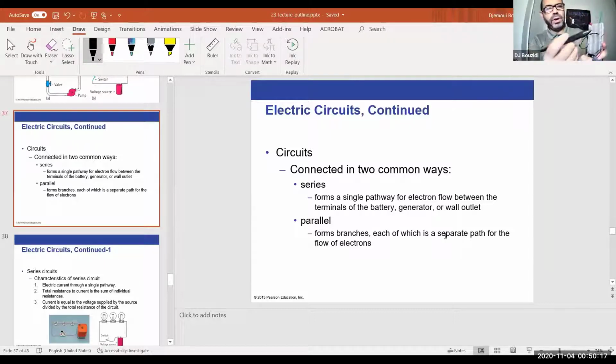So the current leaves the battery and then is picked up from this side of this wire, from the same node. Then it comes out from the other side. There is a gap in here, okay? If you're familiar with the breadboard, there is a gap in here between this side and this side. This entire side is joined.